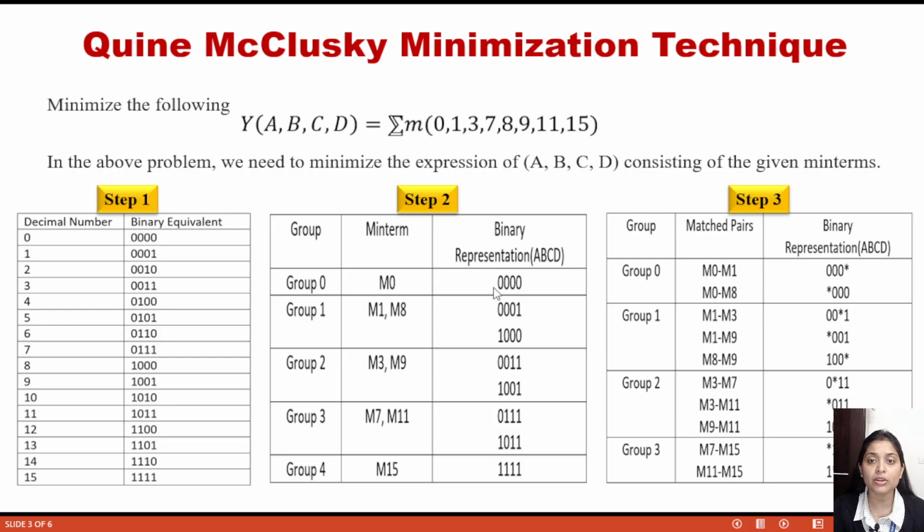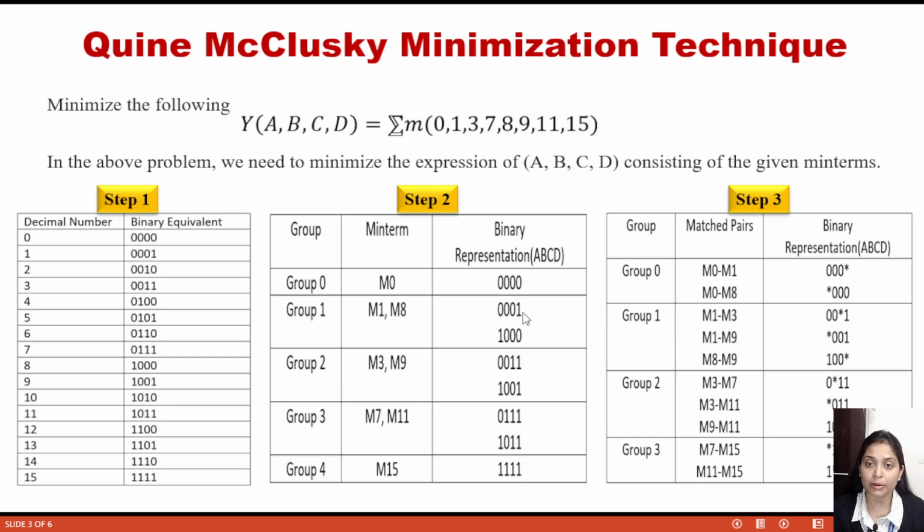m0 is represented as 0000 and m1 is 0001. You can easily understand that only one bit change is there. This is the last bit, that means the least significant bit. In the case of m0 this is 0, but in the case of m1 the least significant bit is 1.